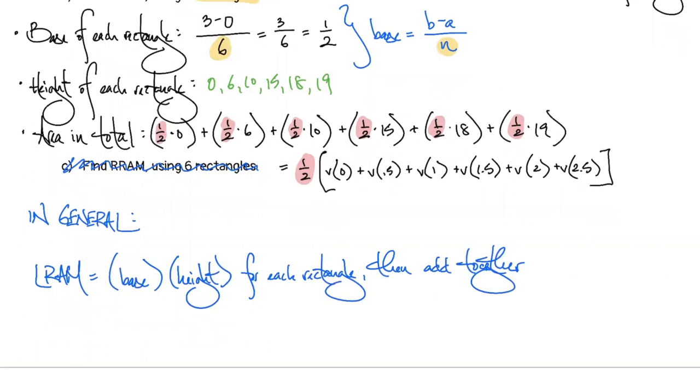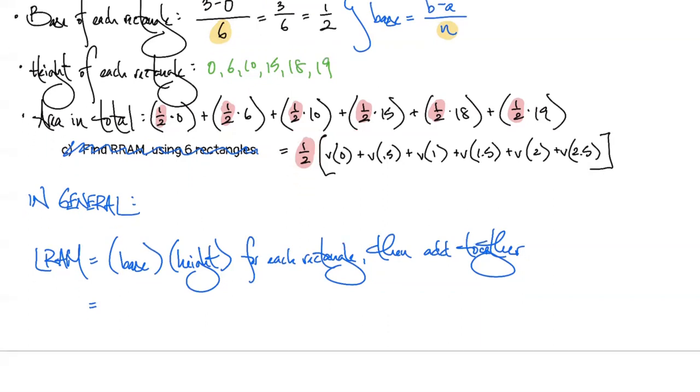In our case, because we've chosen very specifically, here's what turns out to be true: the base of our rectangles is going to be a common factor in every single one. We've divided these into equal rectangles, and so 1/2, or whatever that base happens to be, will be in every single term. And so we're going to bring the base out to the front.